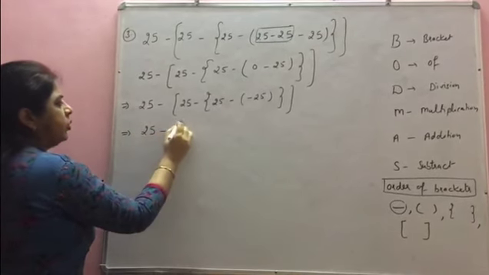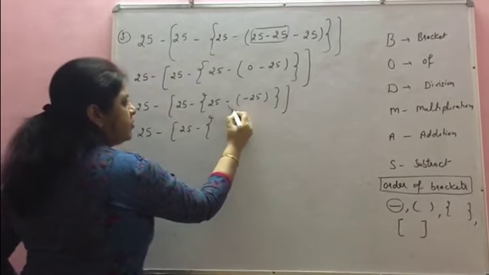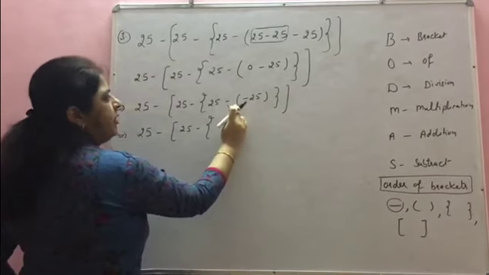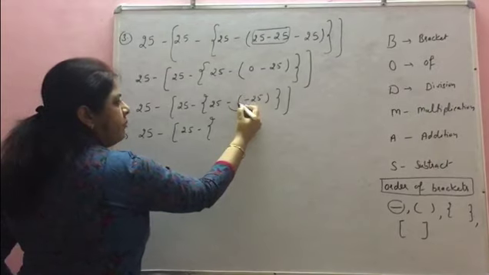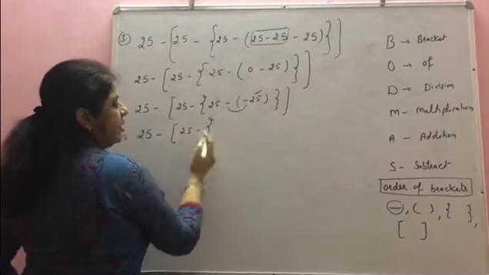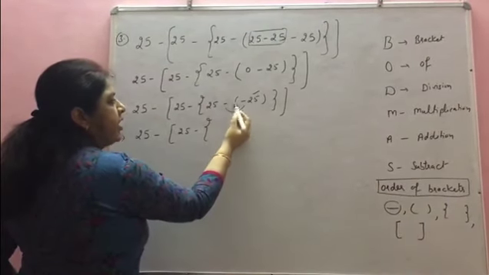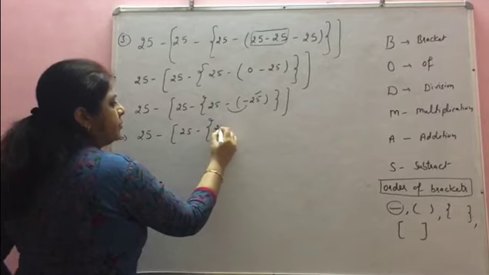Now you have also learned that when two signs come together, with no number between them, only the sign of the bracket is there, and inside the bracket only a single number is there, either positive or negative, then these two, minus and minus, will become plus.